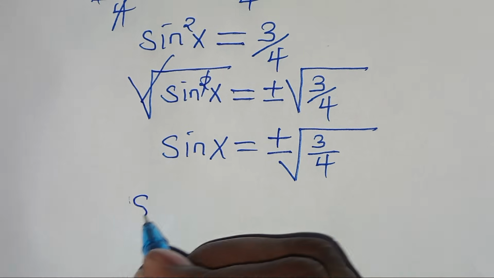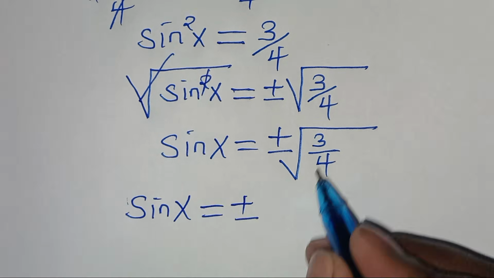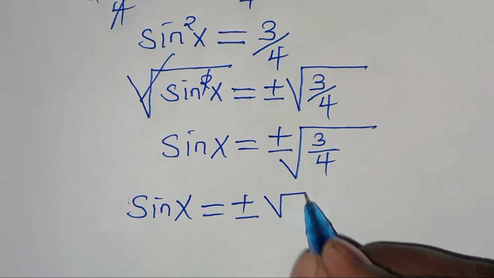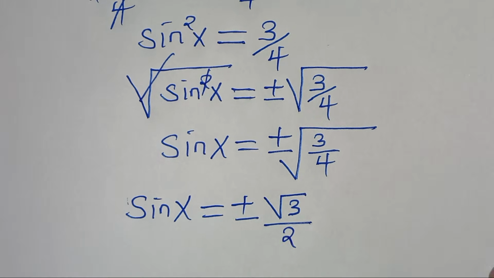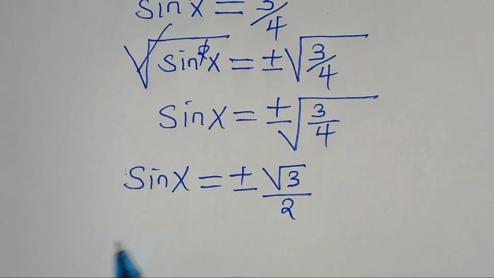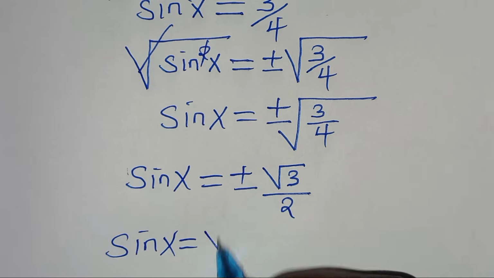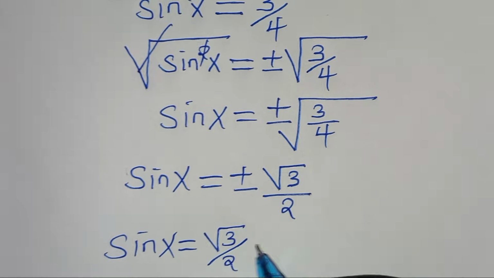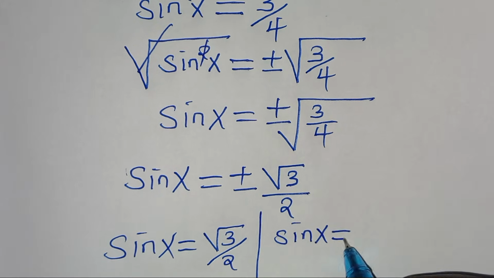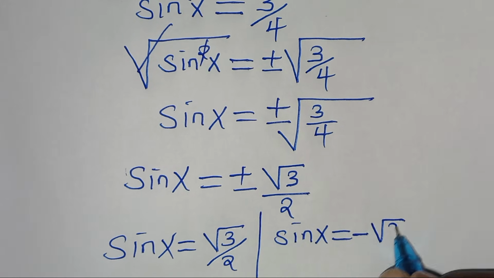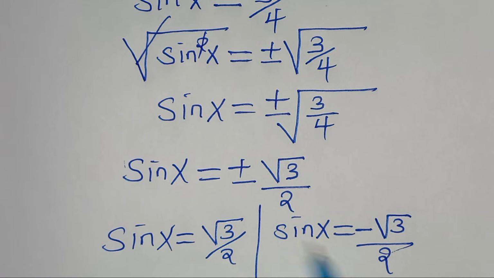So now sine x is equal to plus or minus the square root of 3 over the square root of 4, which is 2. So we have sine x is equal to square root of 3 over 2, or sine x is equal to negative square root of 3 over 2. So we have got two cases here.